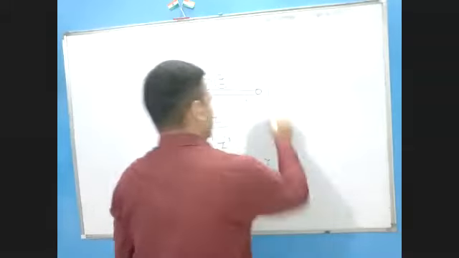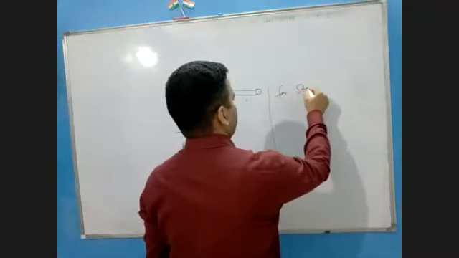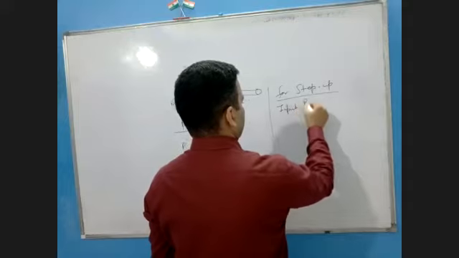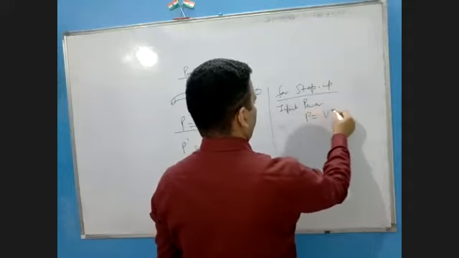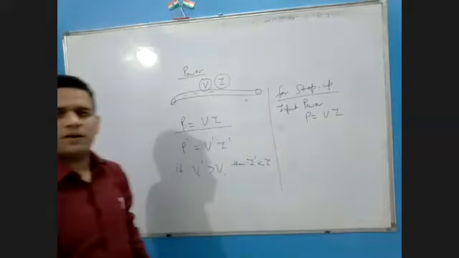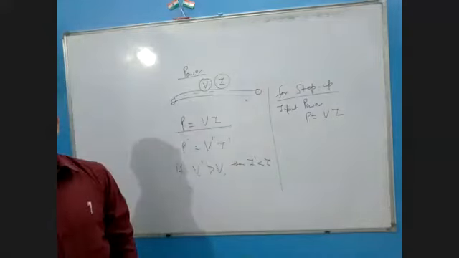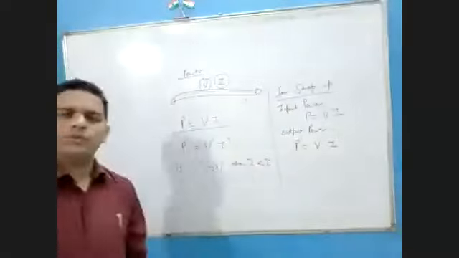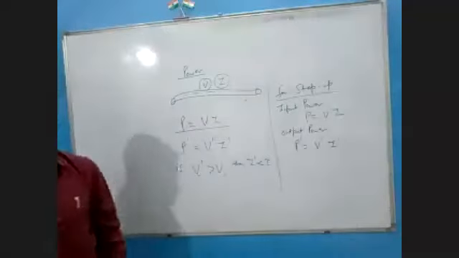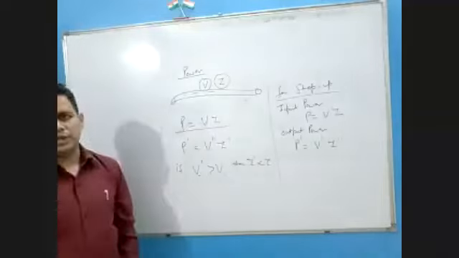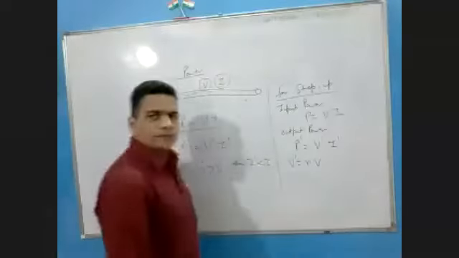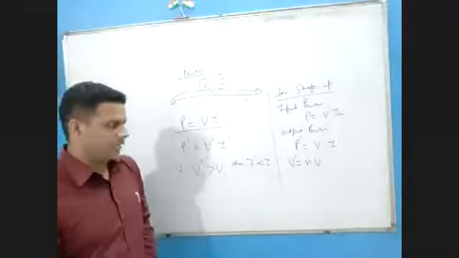You can say, for example, for the step up transformer, the input power P equal to VI, and then the output P dash equal to V dash into I dash. And we know the step up transformer steps up the voltage. So let V dash equal to n times V. It increases the voltage n times.